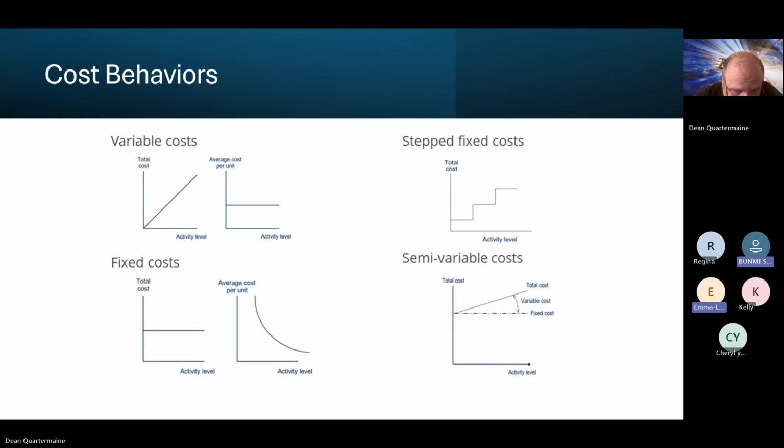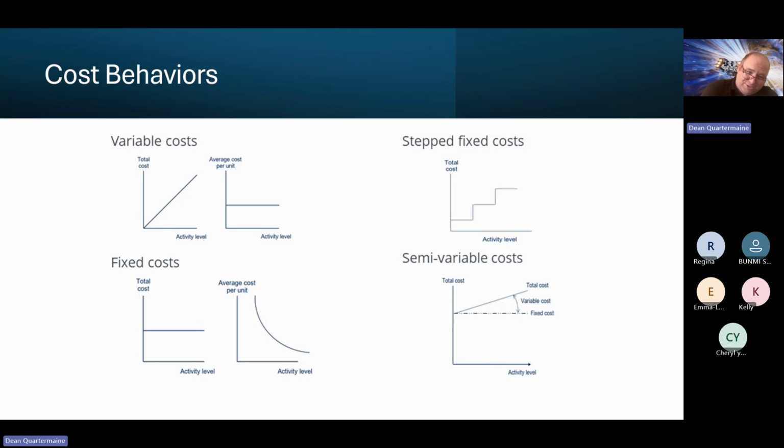We can see the cost behaviour slide, but we can't see what Dean's writing. Oh, okay. Yes, we can see the slide, but we can't see what you're writing, Dean. Oh, that's really, really helpful.